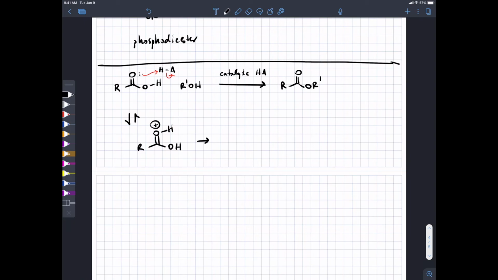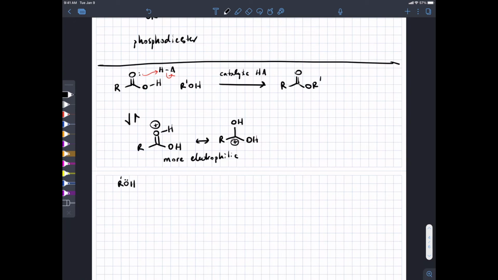And the reason that works is because once you put a proton on the carbonyl oxygen, you make this resonance structure where the positive charge is on the carbon even more reasonable. So the protonated carboxylic acid is more electrophilic, and now the neutral alcohol can attack.